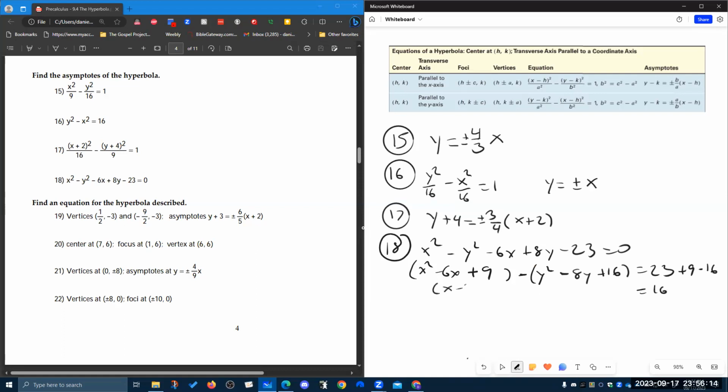This is x minus 3 quantity squared minus y minus 4 quantity squared. We're going to divide everything by 16. And we get x minus 3 squared over 16 minus y minus 4 squared over 16 is equal to 1.